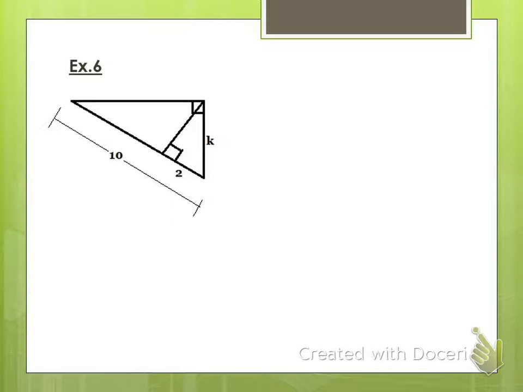Solving for K. Are we using the heartbeat or the boomerang? Boomerang. Ari, what proportion did you set up? Very good. Okay, k squared equals 20.